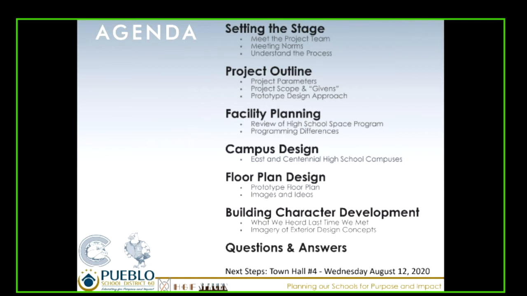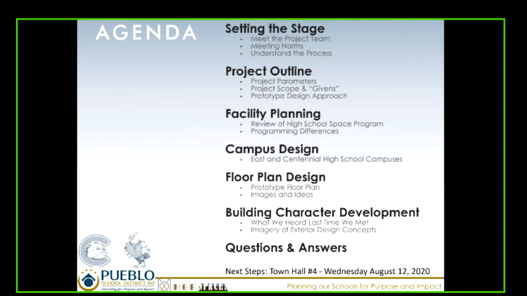And then we will go to campus design and show our progress on East and Centennial High School campuses and site layout that we've been working on with the city with traffic, trying to figure out how circulation will work on the sites. We've also been working very hard on floor plan design, going from concept to schematic. We're in the middle of that right now, and we'll show you our progress.